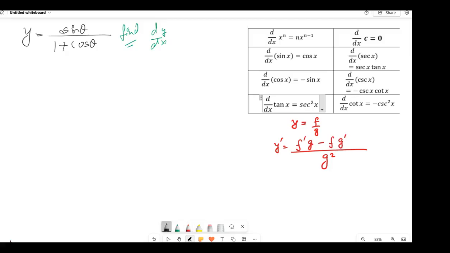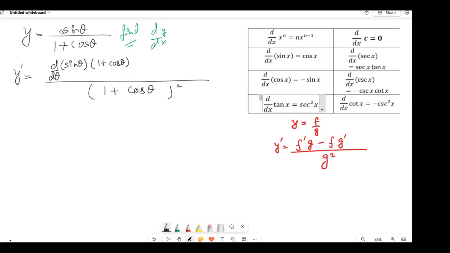So let's see if we can use this. Y prime is equal to the square of the denominator, derivative with respect to theta, remember here, numerator times denominator as is minus numerator as is times the derivative of denominator.